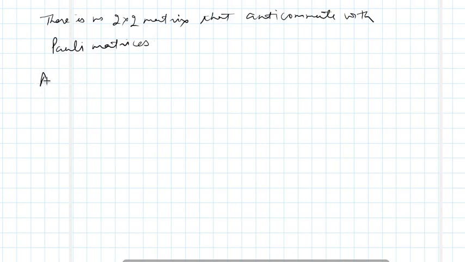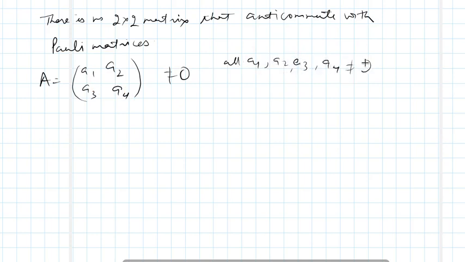So consider a matrix A whose elements are A1, A2, A3 and A4, and this is not equal to 0. Let us assume that all of A1, A2, A3 and A4 are not equal to 0, meaning all are non-zero entries. That's what I am assuming.